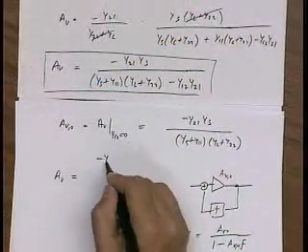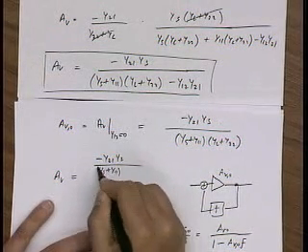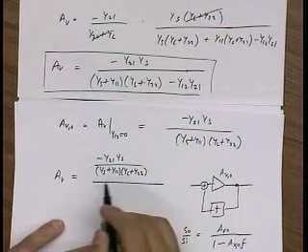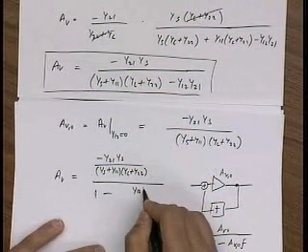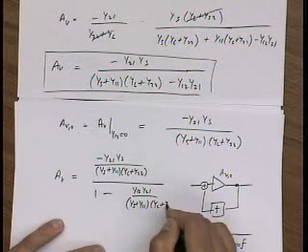So this gives me minus y21 ys over (ys plus y11)(yl plus y22), divided by 1 minus y12 y21 over (ys plus y11)(yl plus y22).